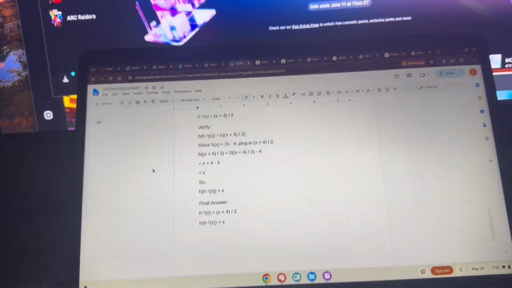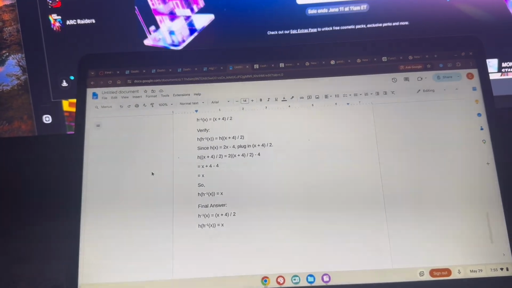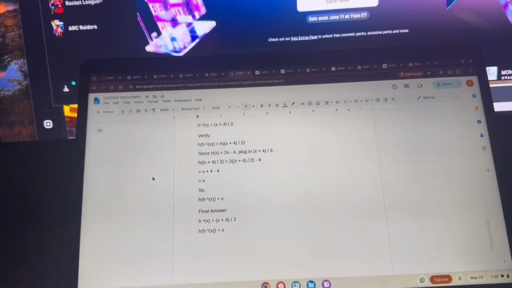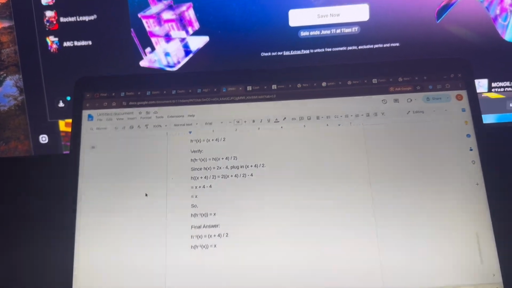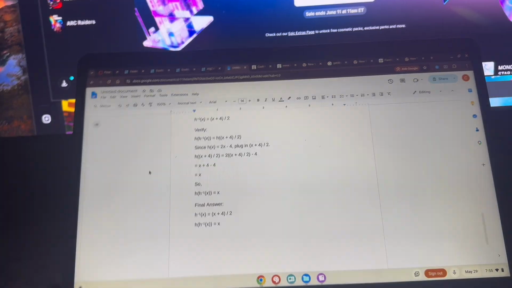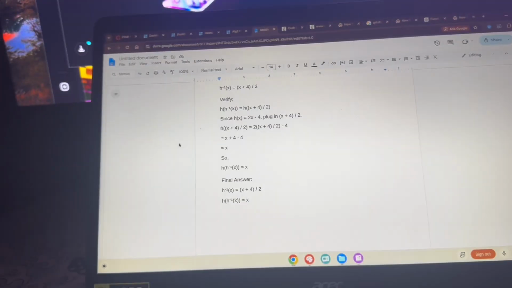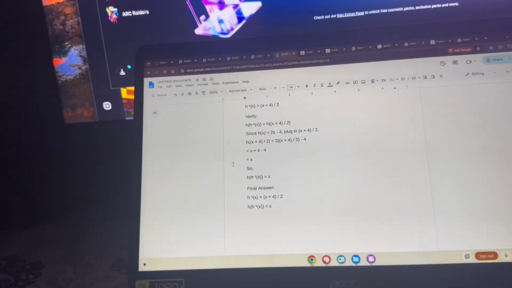Since h of x equals 2x minus 4, we can plug in x plus 4 divided by 2. So we get 2 times (x plus 4 divided by 2) minus 4. When we break down this equation, we get x plus 4 minus 4, and that cancels out. So now we're just left with x.